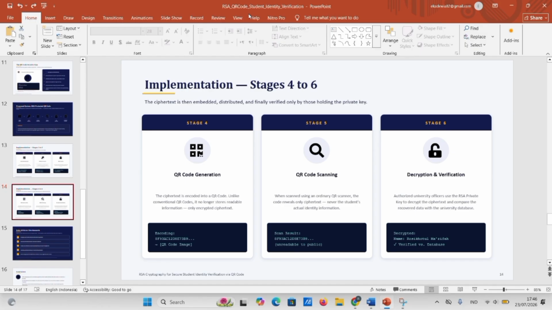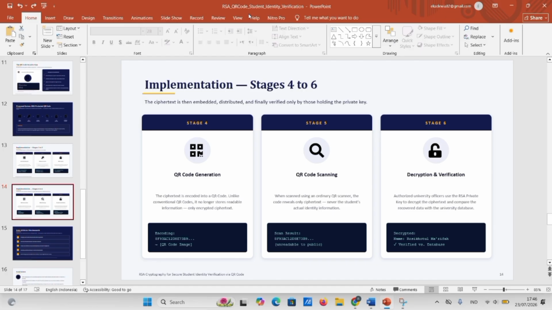Unlike a conventional QR code, it no longer stores readable information, only encrypted ciphertext. Stage 5: QR code scanning. When scanned using an ordinary QR scanner, the code reveals only ciphertext, never the student's actual identity information.